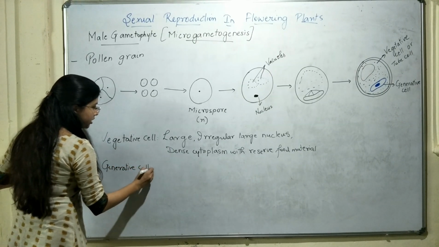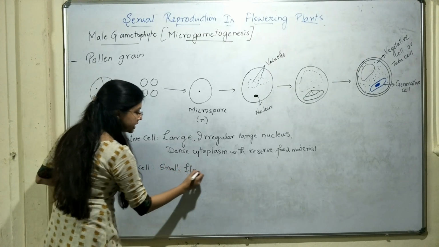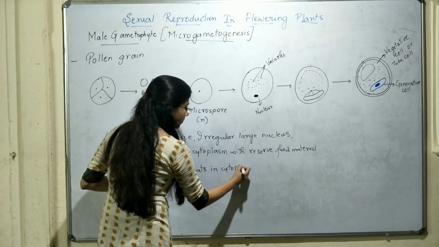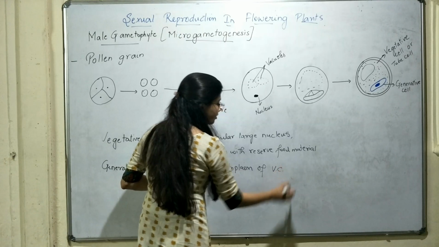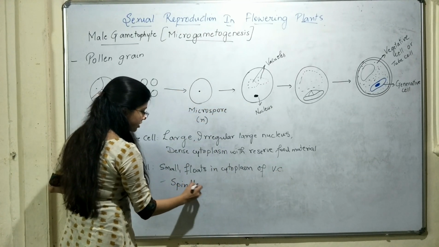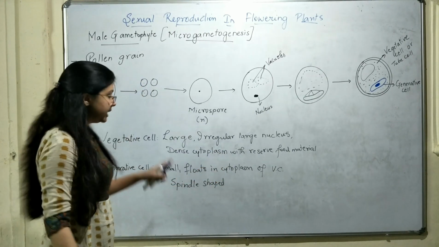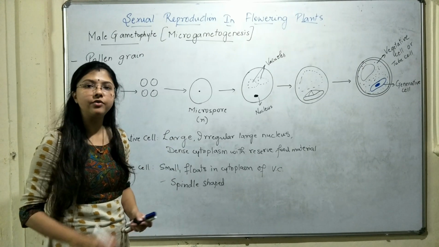As I said, the generative cell is small in size, floats in the cytoplasm of the vegetative cell. Generally, it is spindle-shaped and it is mainly involved in the process of formation of the male gametes.